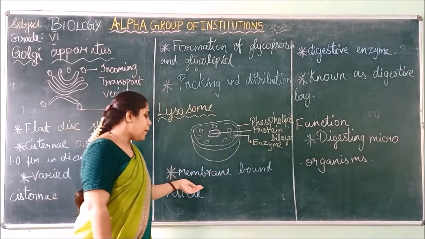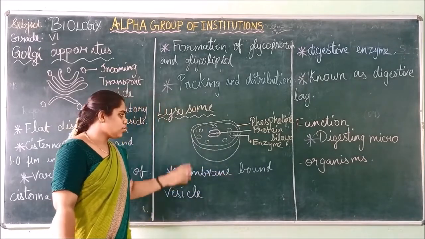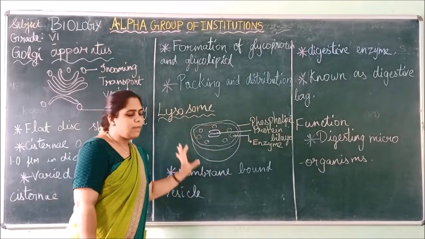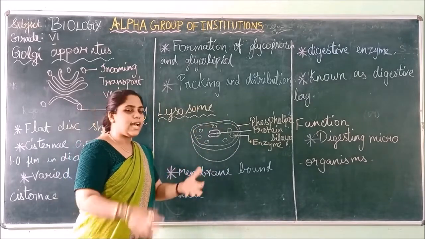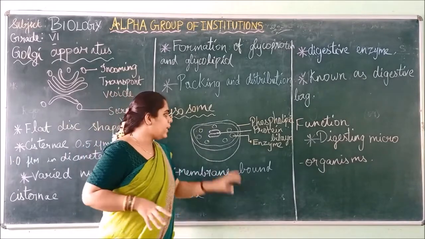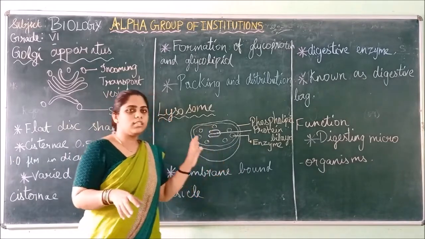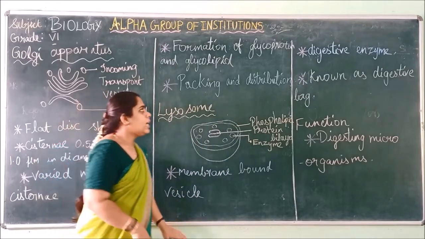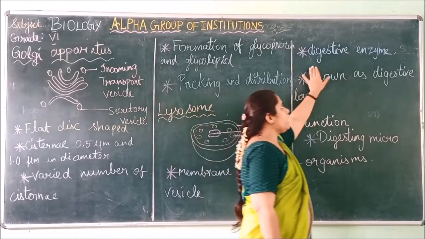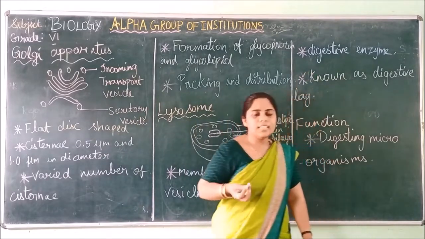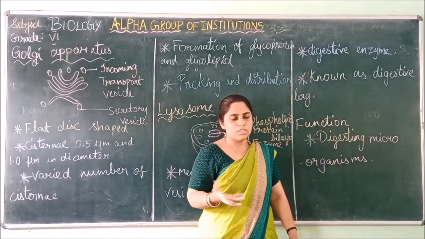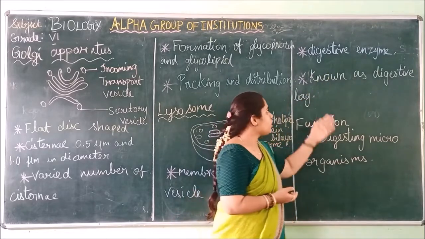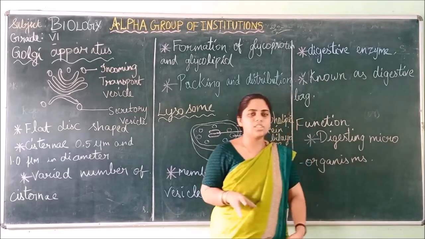It is a membrane bound vesicle. Why is it called a membrane bound vesicle? Because it is round in shape, so it is called a vesicle, and it has a membrane of two layers of lipid. Like I already told you, it produces digestive enzymes for digestion, and it is known as the digestive bag.